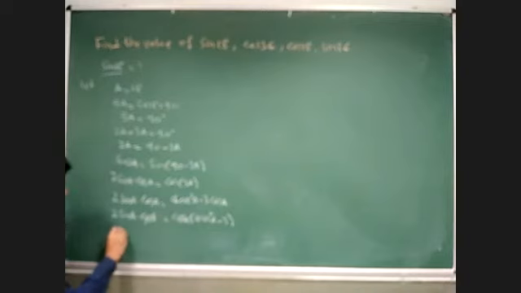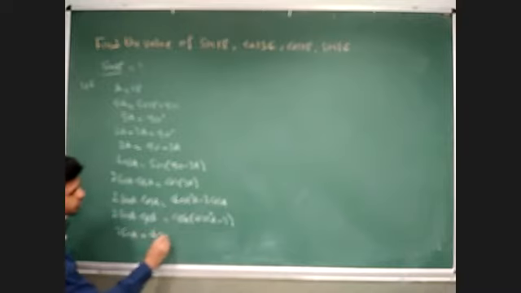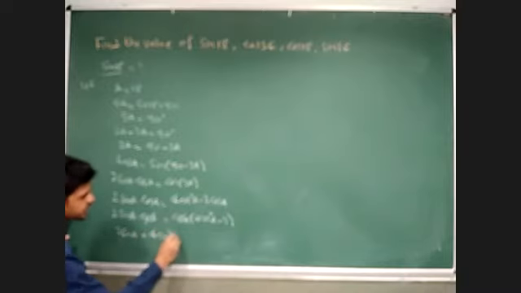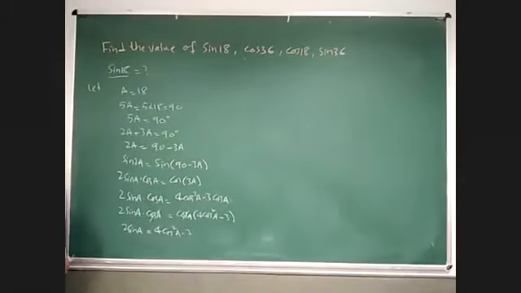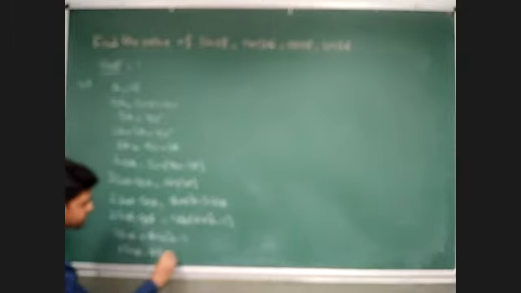So I will have 2 sin A is equal to 4 cos square A minus 3. Now I can change cos square into 1 minus sin square A, minus 3.